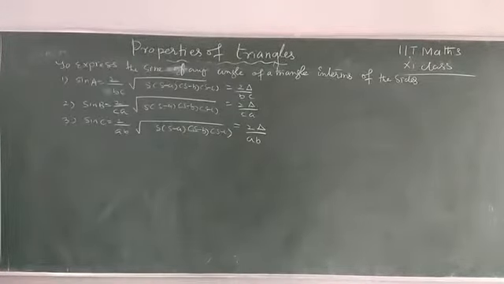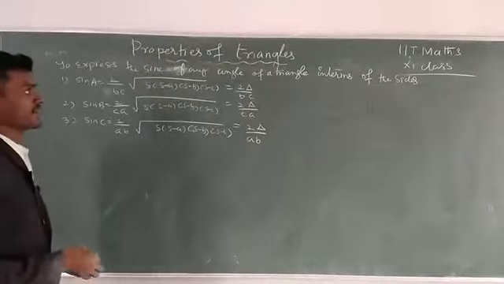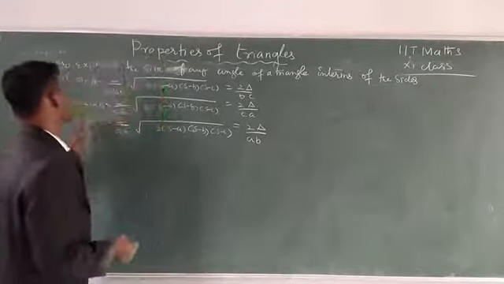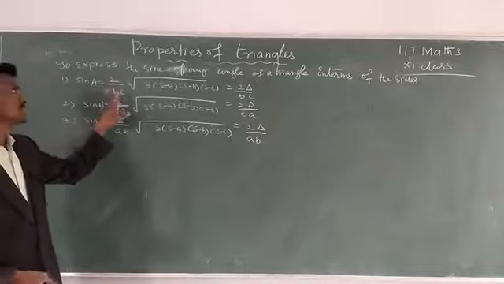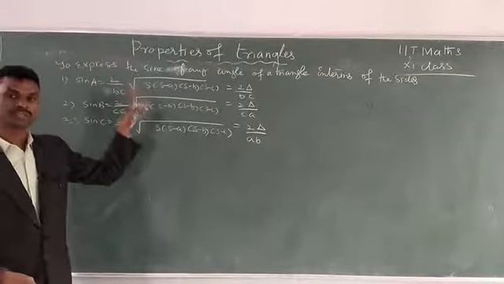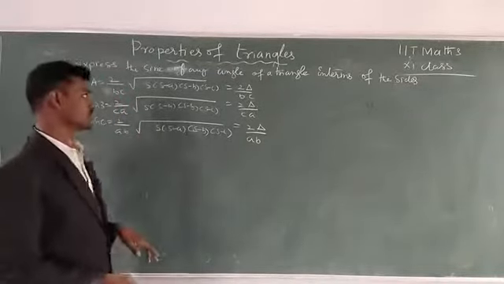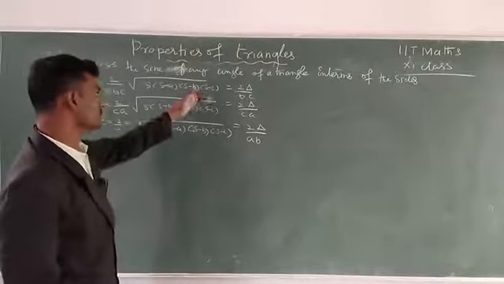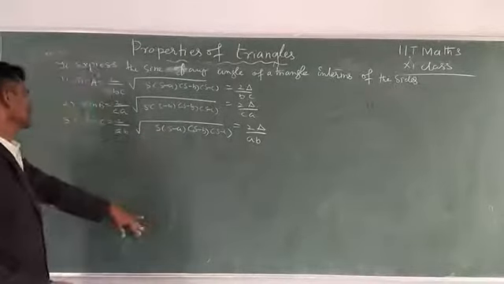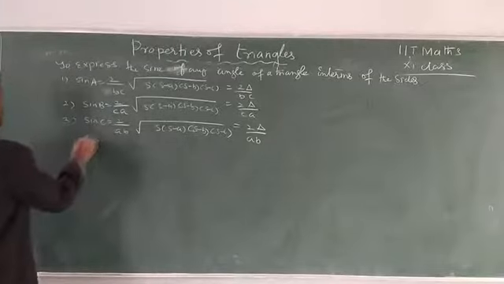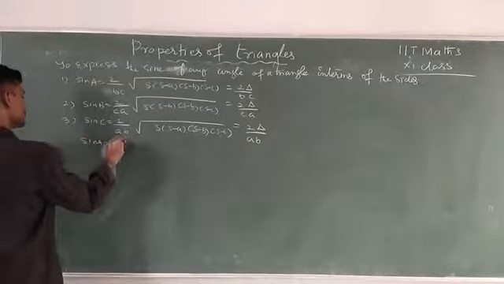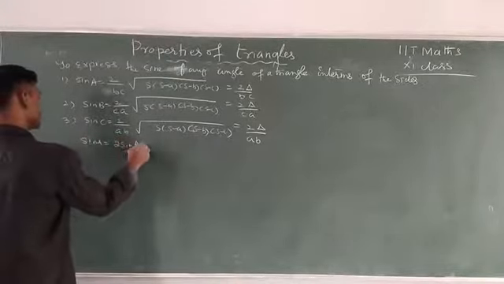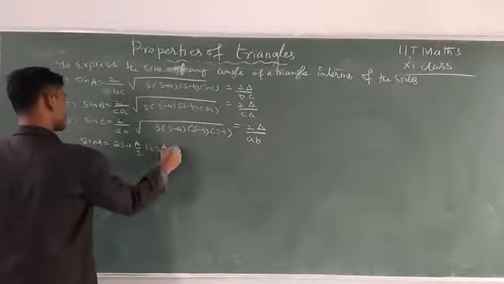Okay, next one is to express the sine of any angle of a triangle in terms of the sides. See here, sin A is equal to 2 by bc into under root of s into (s minus a) into (s minus b) into (s minus c), which is equal to 2 delta by bc. Remaining also similarly the same. Now we have to prove this one. Here sin A is written as 2 sin A by 2 into cos A by 2.